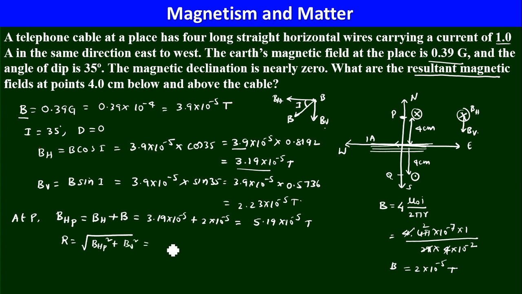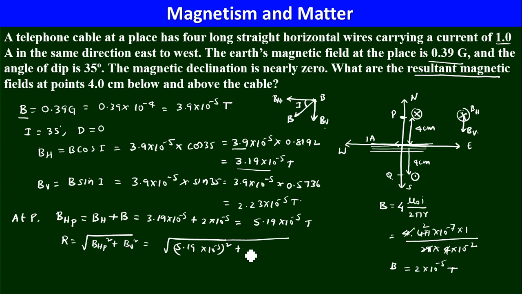So what is BHP whole square? That is 5.19 into 10 power minus 5 whole square plus BV whole square. Both of them are perpendicular to each other, so the other term, like a square plus b square plus 2ab cos theta, has cos 90, which is 0 anyway. That's why I'm not considering that.